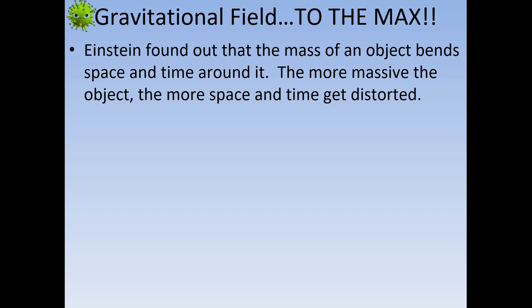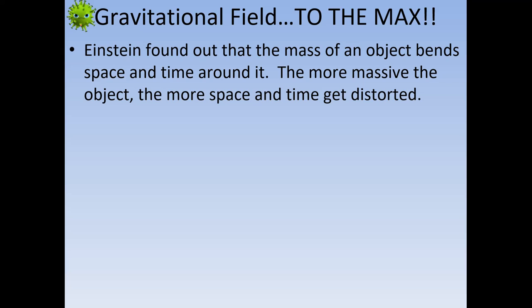Essentially, a massive object will warp the space around it, and that warped space will actually cause objects to fall towards it. The go-to way to visualize it is to imagine placing a bowling ball, something heavy, onto a trampoline. When you put the bowling ball on the trampoline, it causes the trampoline to distort a bit, to bend downwards into the bowling ball.